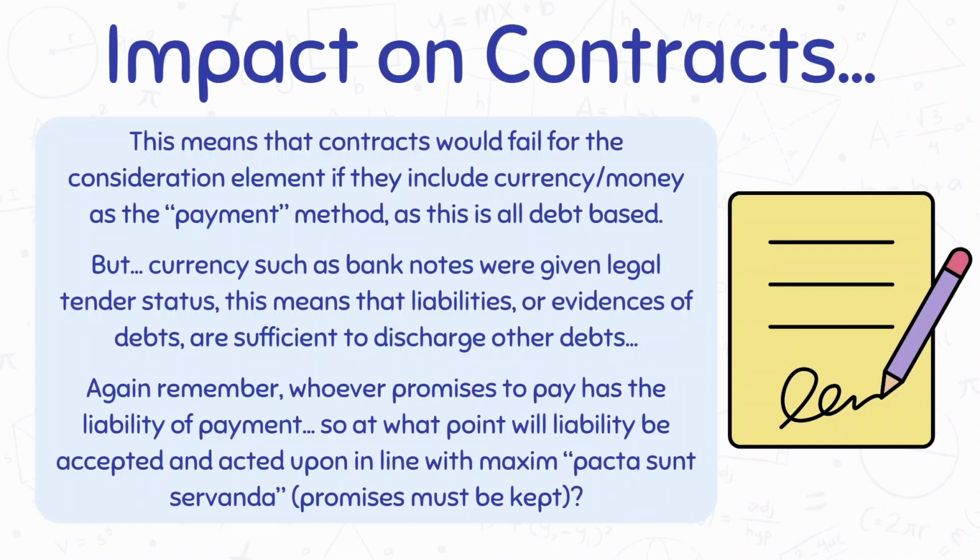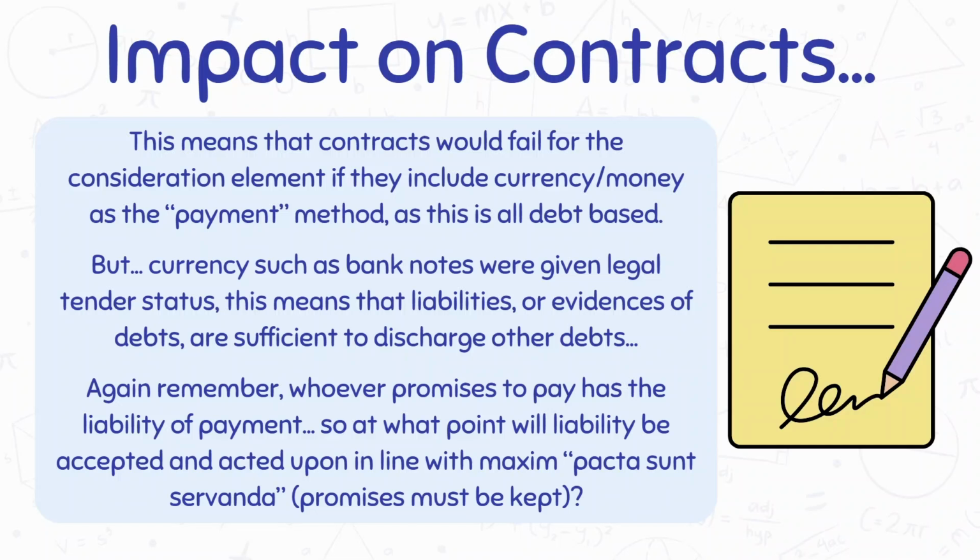The thing is, currency, such as the banknotes that we all use widely and accept widely, were given what is called legal tender status, which essentially means that no one can sue you for supposed non-payment if you use that currency. Because remember, it's not payment in fact, right? Which the use of the currency is all based in debt, as we have previously discussed.